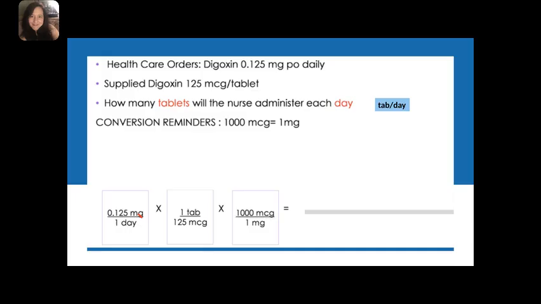So we cancel the milligrams with the milligrams, and the micrograms cancel with the micrograms. You're left with tabs per day. This means your equation is appropriately applied. Now, these red marks will disappear, so keep this in mind. Write it down on your paper as well so we can keep the process going.